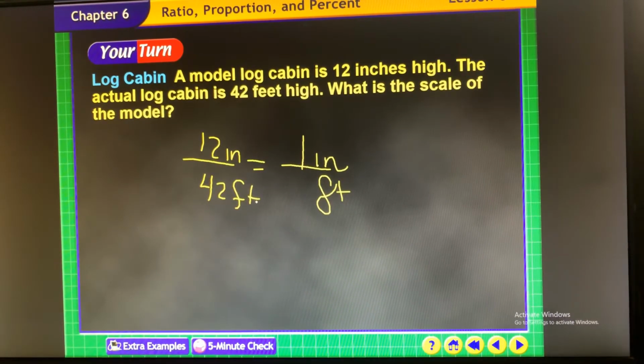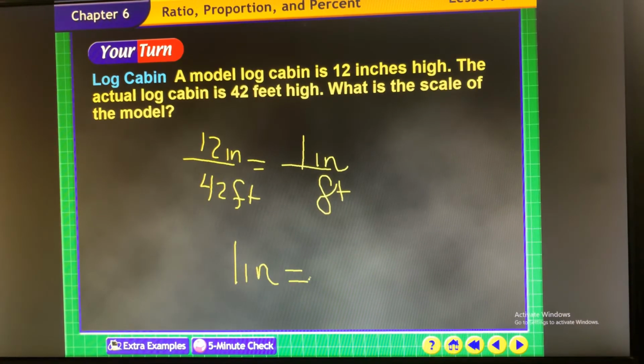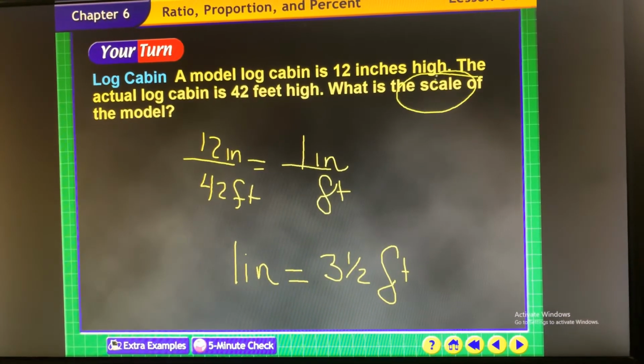Do you cross multiply and then divide? And you get 3.5. So you rewrite it. 1 inch is equal to 3.5 feet. So for every 1 inch in your model, that equals 3.5 feet in reality. And that's your scale.